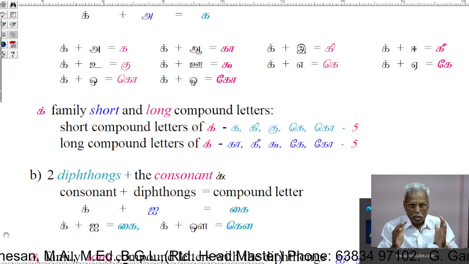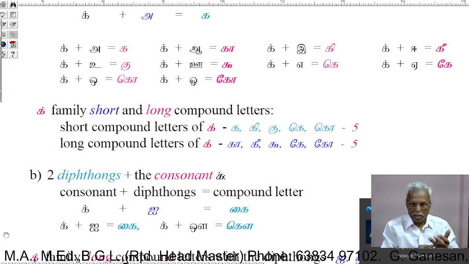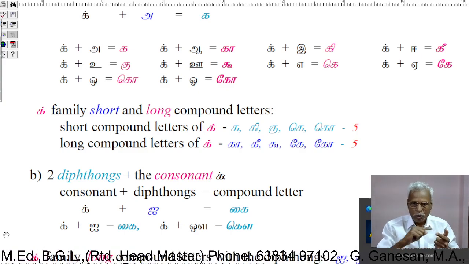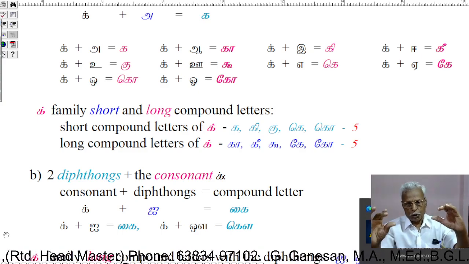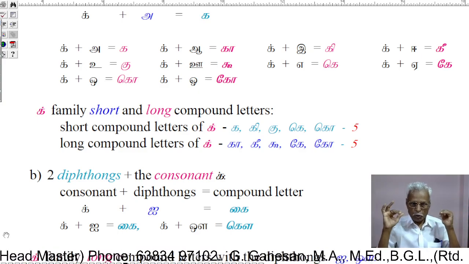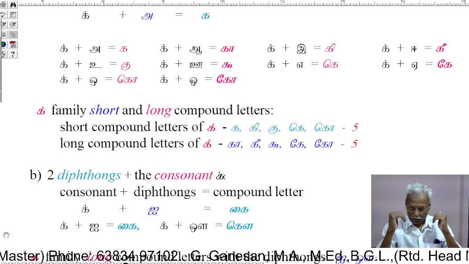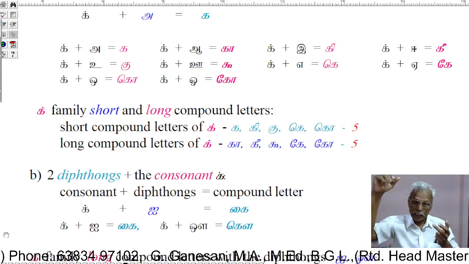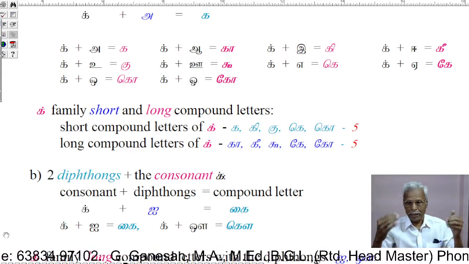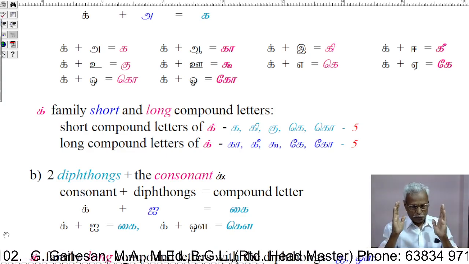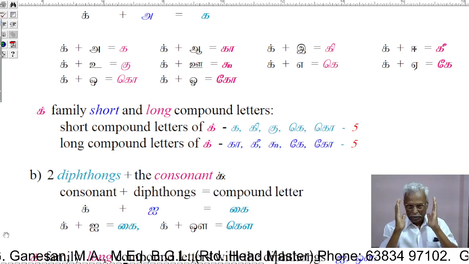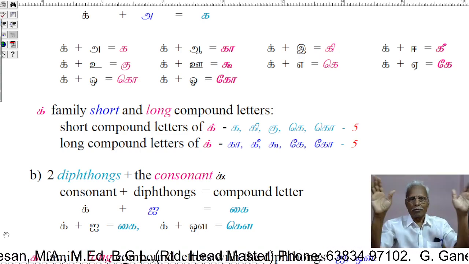The short compound letters of ik are ka, ki, ku, ke, ko. These 5 compound letters of ik are short. The long compound letters of ik are ka, ki, ku, ke, ko. These 5 compound letters of ik are long compound letters.